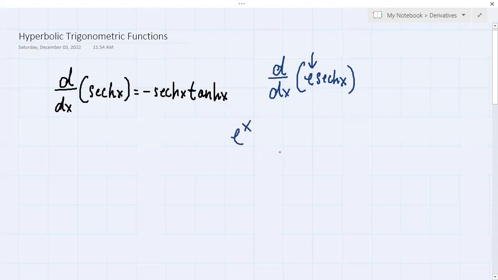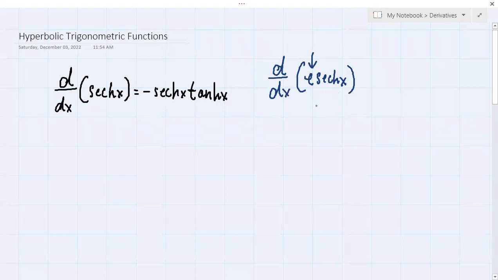Unless meron siyang x dito, iba na yun ha. That's already a different scenario kasi exponential function na yan. However, kapag e raised to 1 or e raised to negative 1 or e squared or whatsoever, constant pa rin siya. It's still a constant.